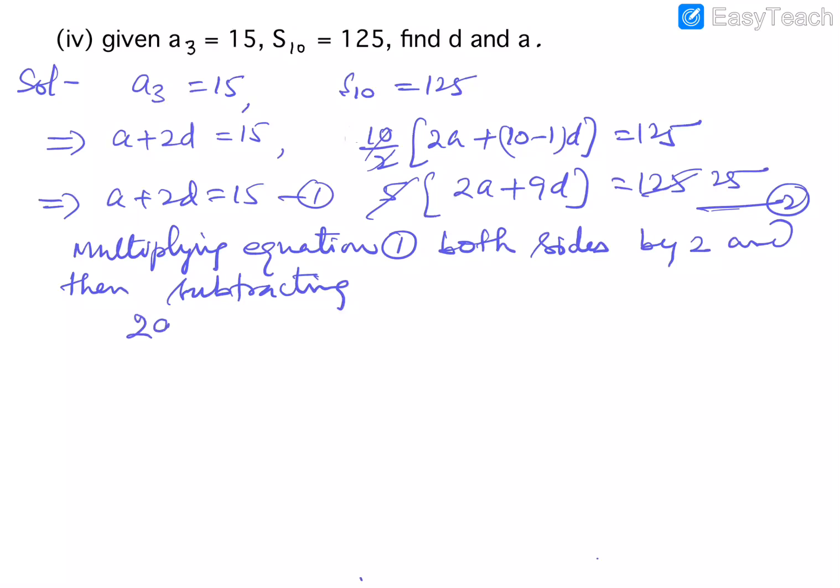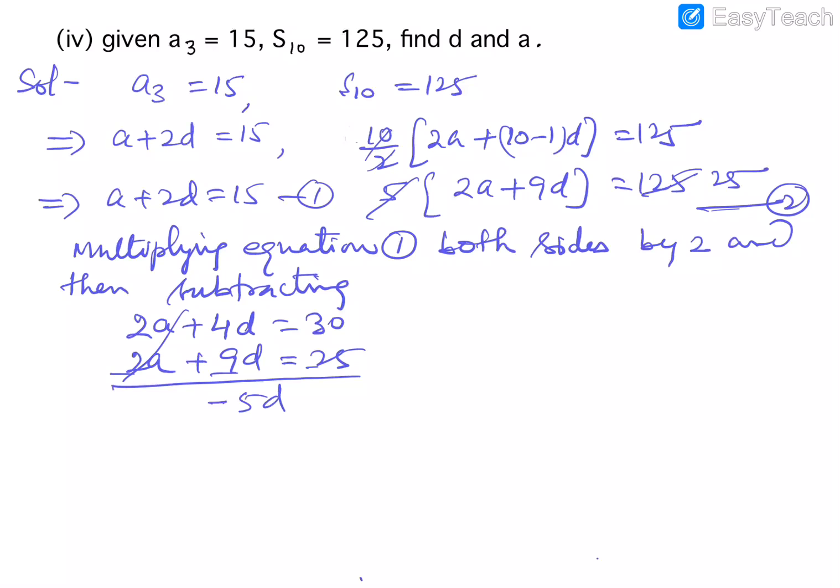So this is 2a plus 2 into 2d is equal to 30, and this is 2a plus 9d is equal to 25. Subtracting, this cancels out, and this gives minus 5d is equal to 5. So d is equal to minus 1.